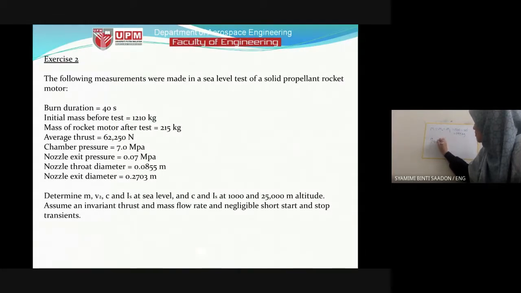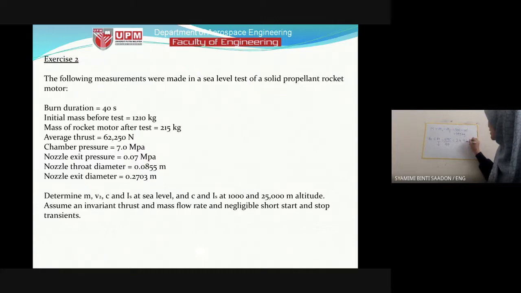So m dot is mass over time, 995 divided by 40 seconds. So you have around 24.9 kilogram per second, the mass flow rate of the rocket.